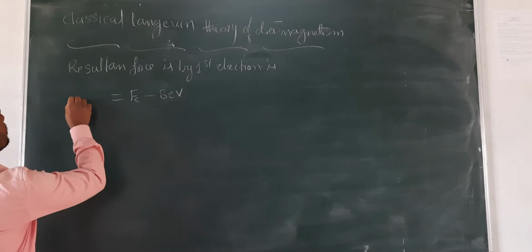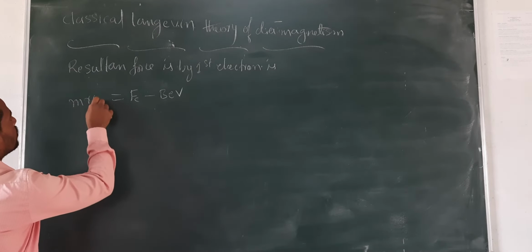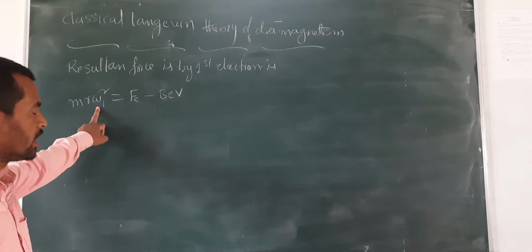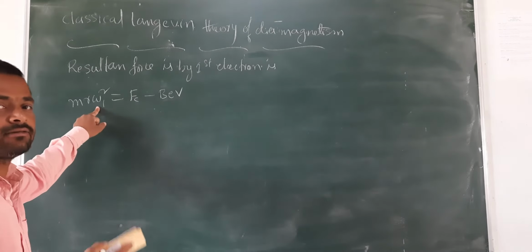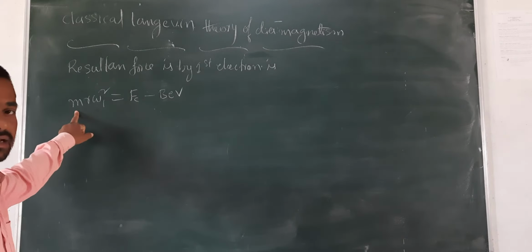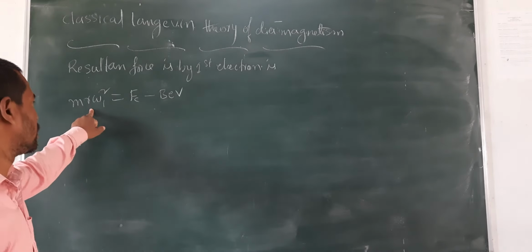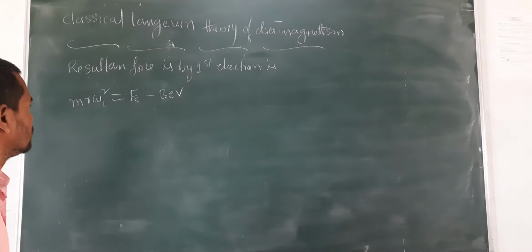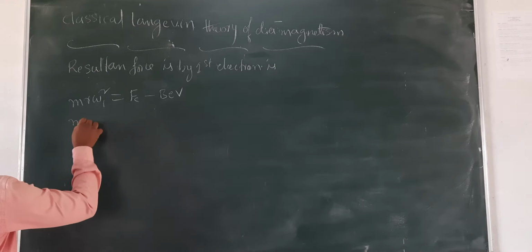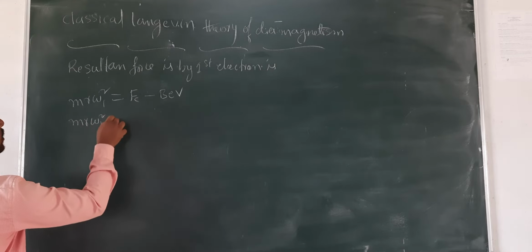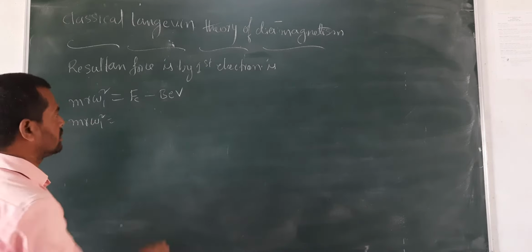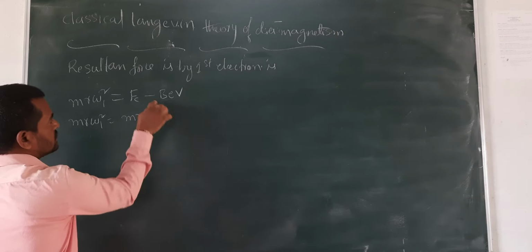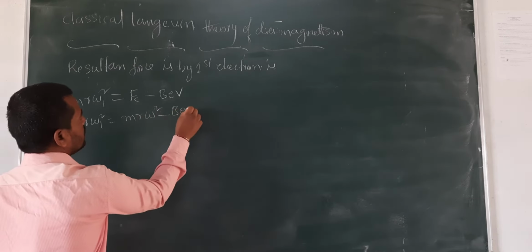Their resultant is m r omega 1 square, where omega 1 is the angular velocity of the first electron, m the mass of the electron, and r the radius of the orbit, because of these two forces only. For m r omega 1 square, the Fc value we just wrote is m r omega square minus BeV.